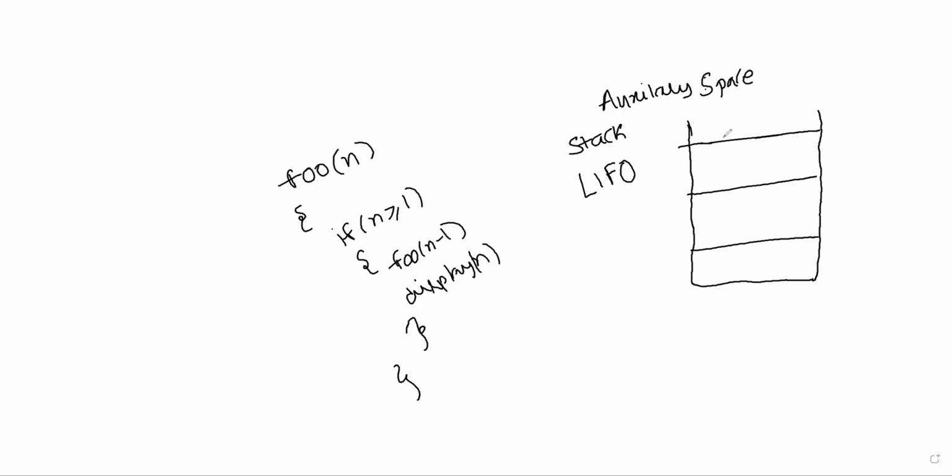So first, if I call foo of, let's say, 2, what happens? In each of the stacks, it will put information about those parameters and the information about the local variables, and it also puts the return address, so where it has to return.